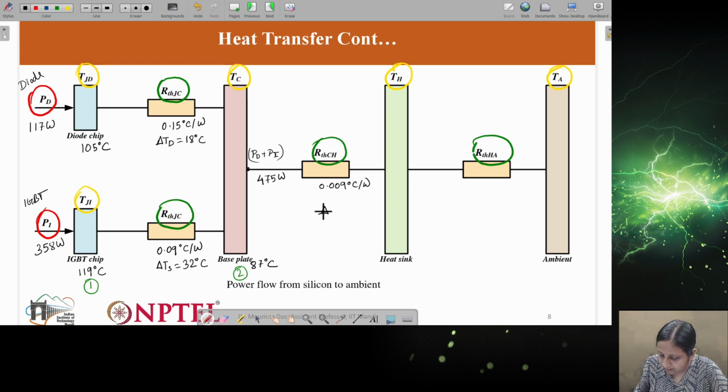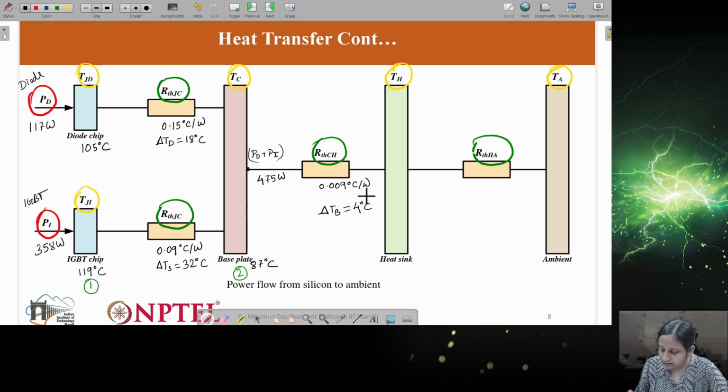The temperature drop across the base plate will be equal to 475 multiplied by 0.009 degrees Celsius, which is equal to 4 degrees Celsius.